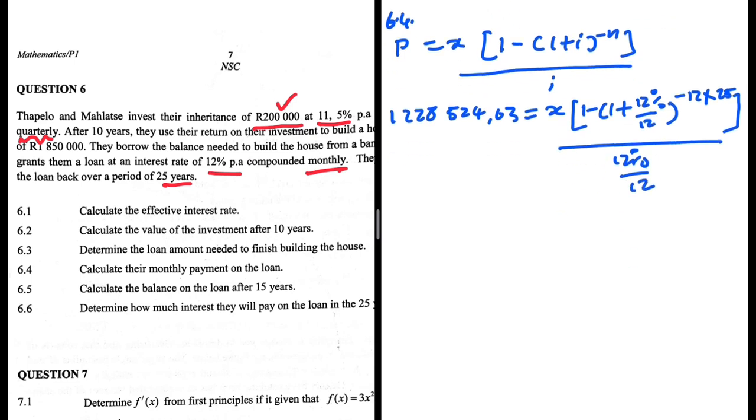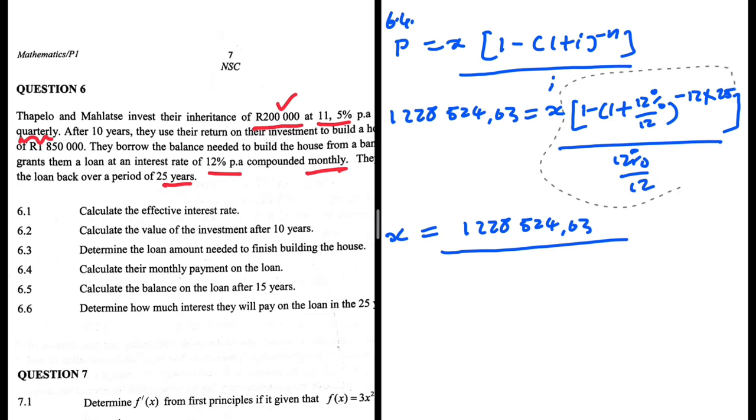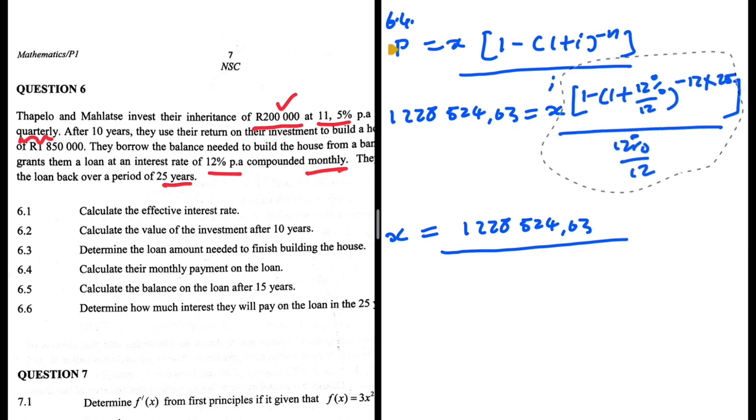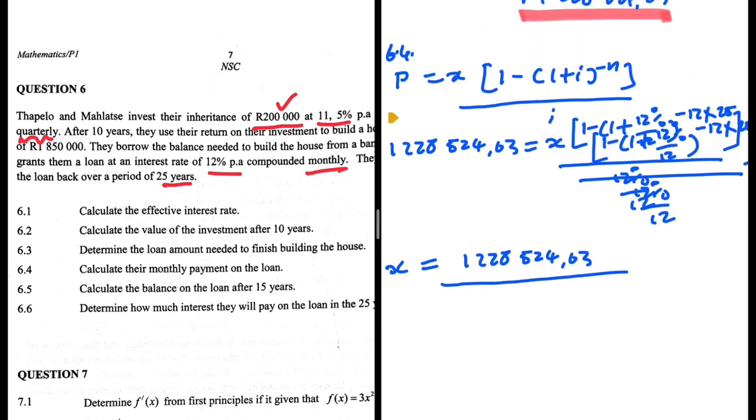Okay, so let me show you. X will be equal to this right here. Let me duplicate it. This divided by the coefficient of X. The coefficient of X is this entire thing. So let me duplicate it instead of dragging it from there.